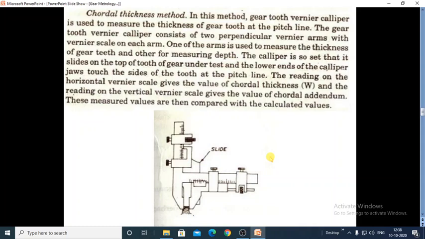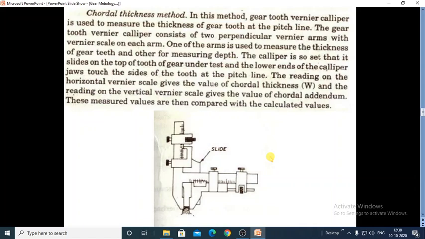Next, the measurement depends on two vernier readings, each of which is a function of the other. And third, the measurement is made with an edge of the measuring jaw, not its face, which again does not lend itself to accurate measurement.